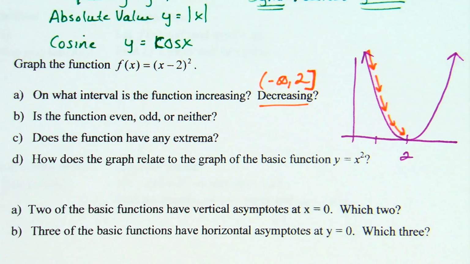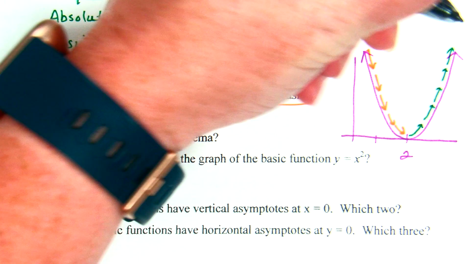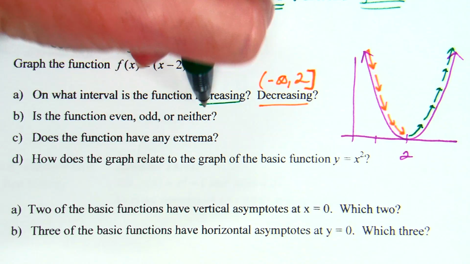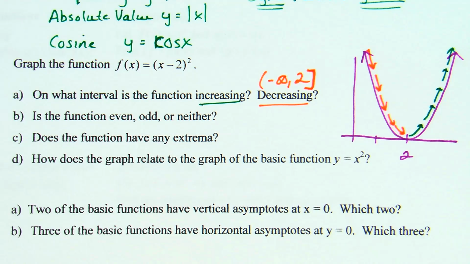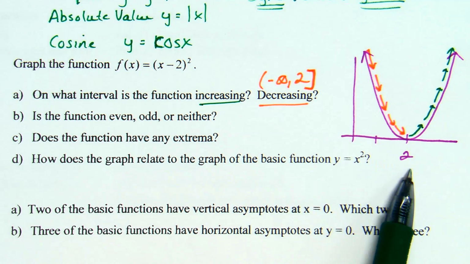Now, what happens after you hit that minimum at 2? We've hit our minimum low point, so now we're going to go up. As I go up, as I move to the right, I am increasing. When did I start increasing? When I left that minimum point at x equals 2.